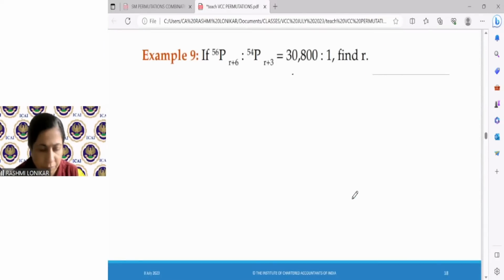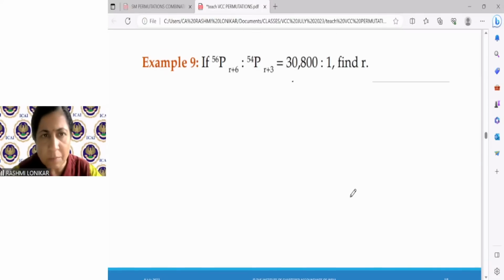Next sum. Shrestha, which example? Fifth example.